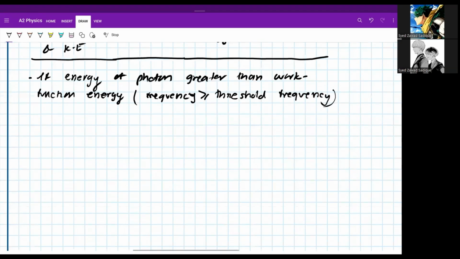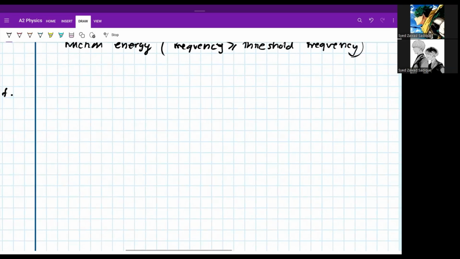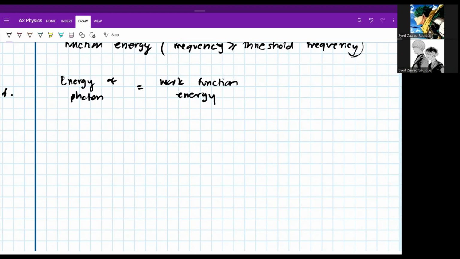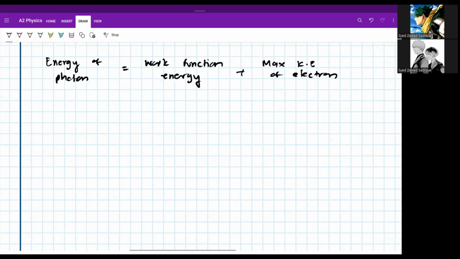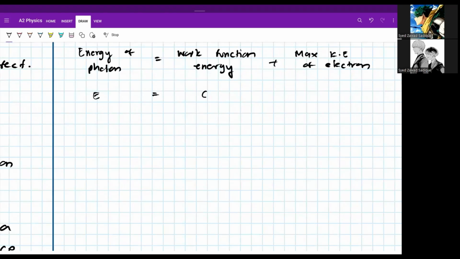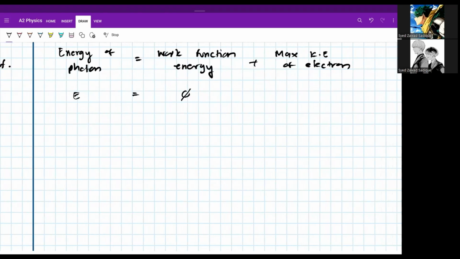So how do you represent this? Energy of photon equals work function energy plus maximum kinetic energy of electron. So E is equal to psi plus Ke max.